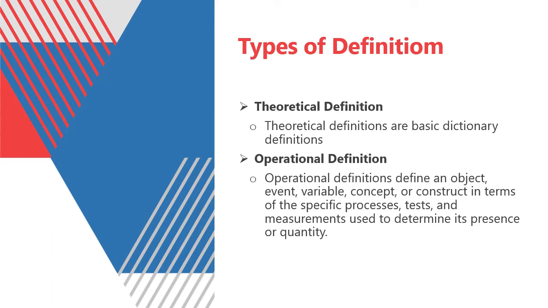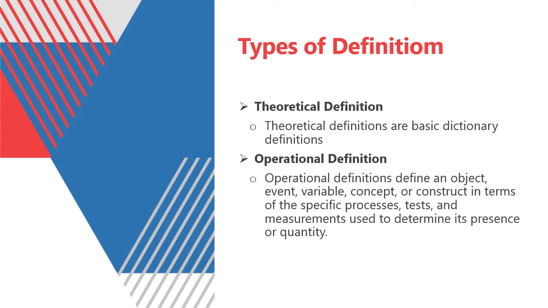So let's define theoretical definitions. Theoretical definitions are basic dictionary definitions. They are frequently called constitutive or conceptual definitions. A theoretical definition gives meaning to the concept or construct under investigation. It should distinguish it from all other concepts or constructs.